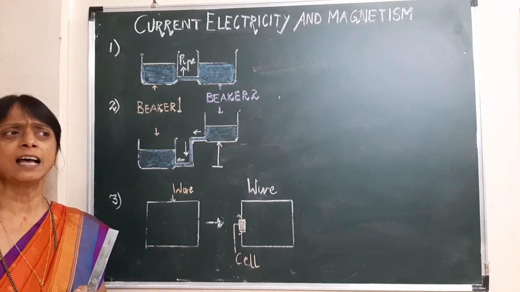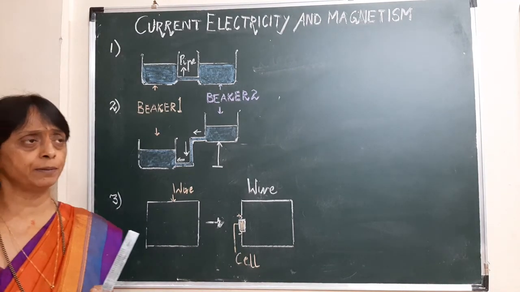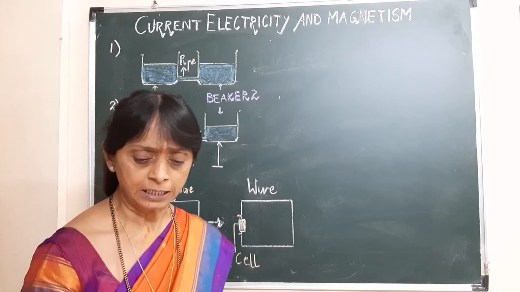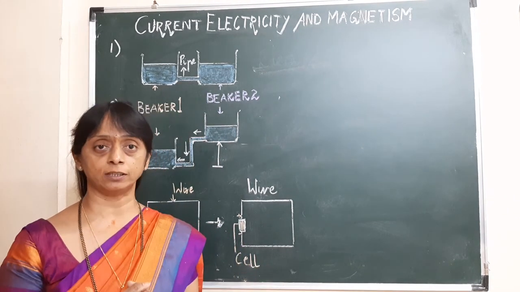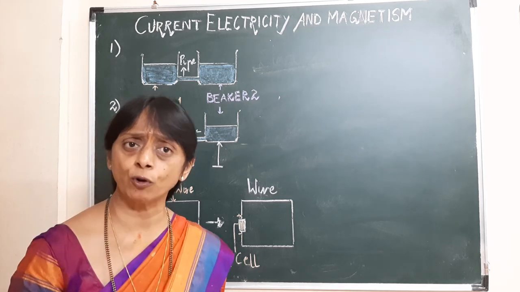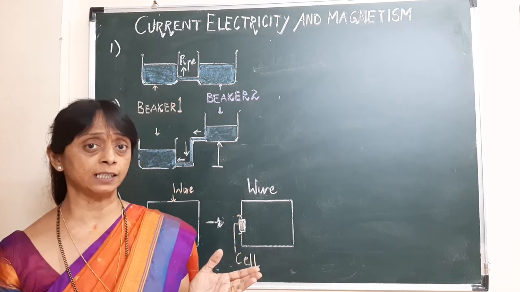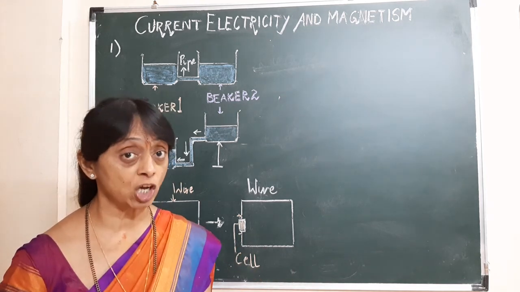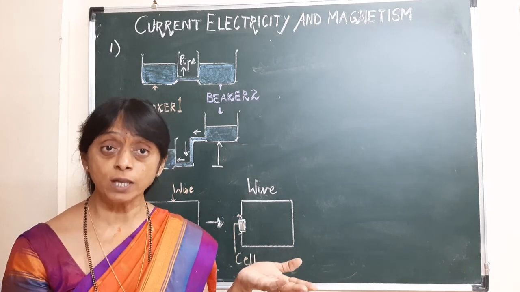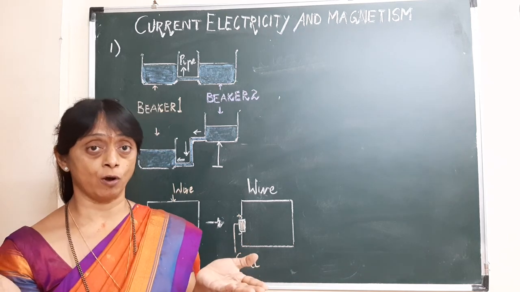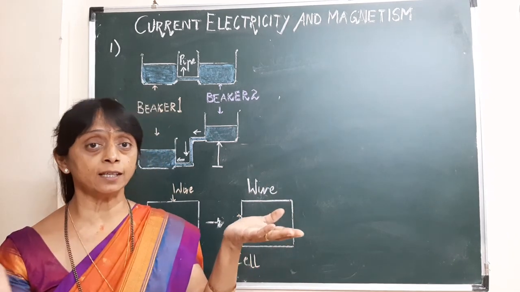So, children, let's look at another example. If you take two bodies touching each other, from where will heat flow, from one body to another? If by chance both the bodies are at equal temperature, will heat flow from one body to the other?